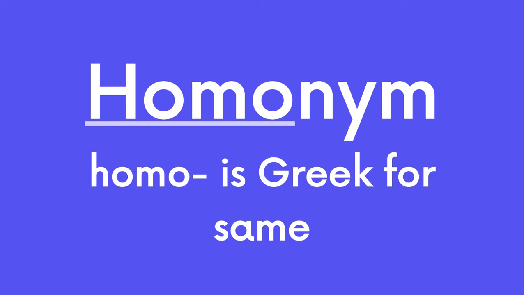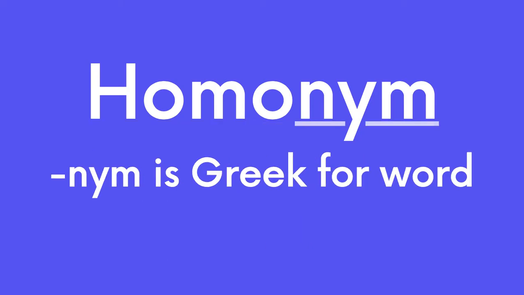What about the suffix nym? Well, it's also a Greek word and it actually means word. So a homonym is something with same and something with a word. Okay, so let's look at this a little bit more in depth.